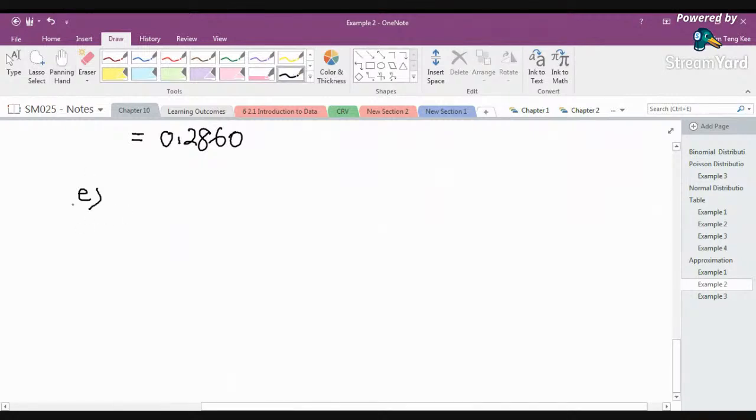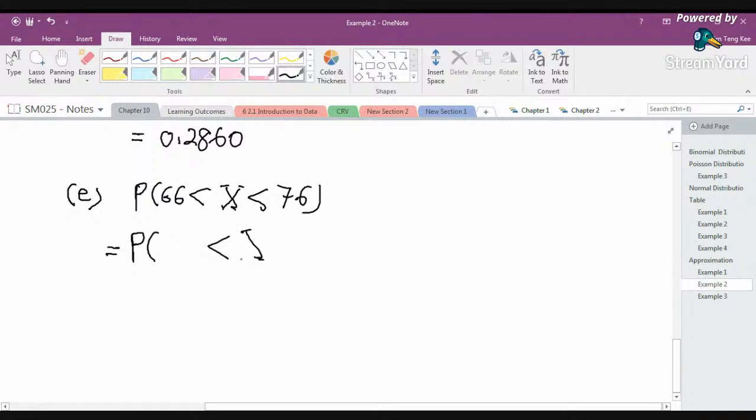What we want for E is P of 66 less than X less than 76. Once again, before we go for standardization, we need to consider the CC, continuity corrections. From 66 until 76, we don't want 66, we don't want 76.